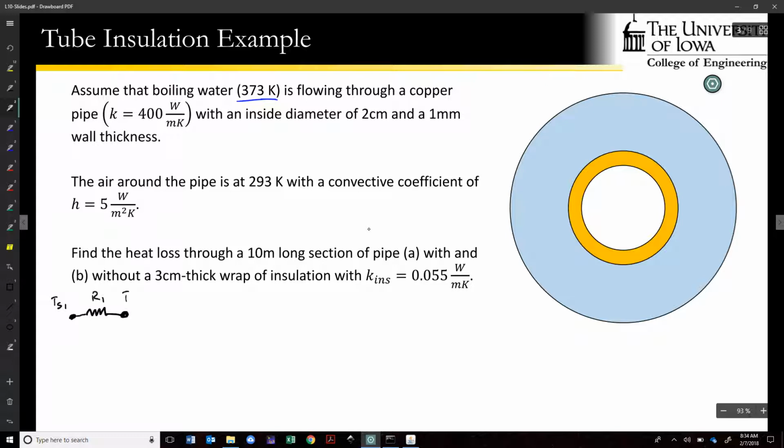That gets us to T2, then TS3, and then T infinity out here. The next resistance is the resistance of the insulation, R2, which gets us to TS3, and then we have the resistance that reflects the convective heat transfer to get us to T infinity. So that's with the insulation.